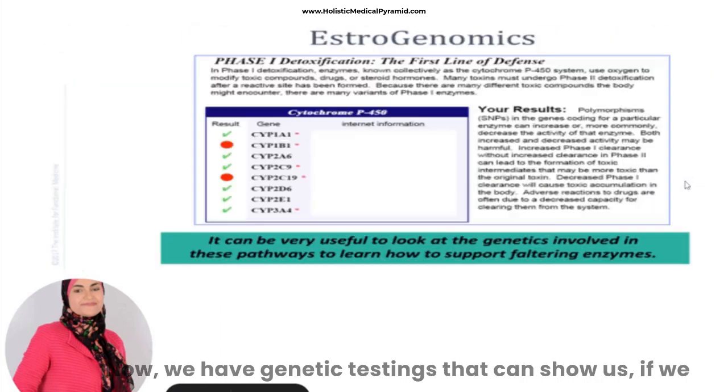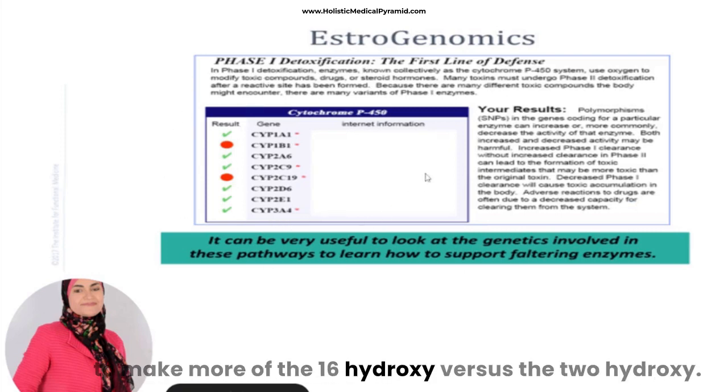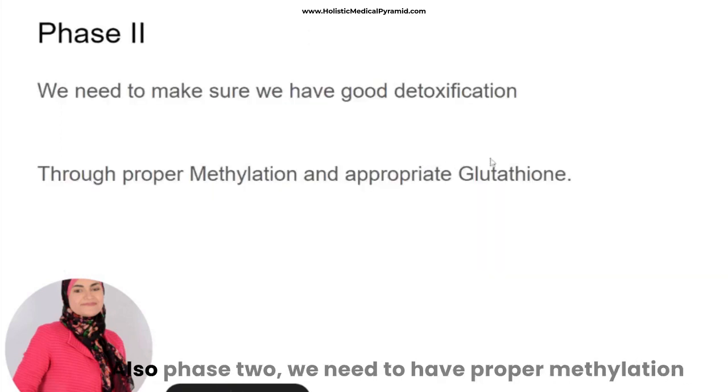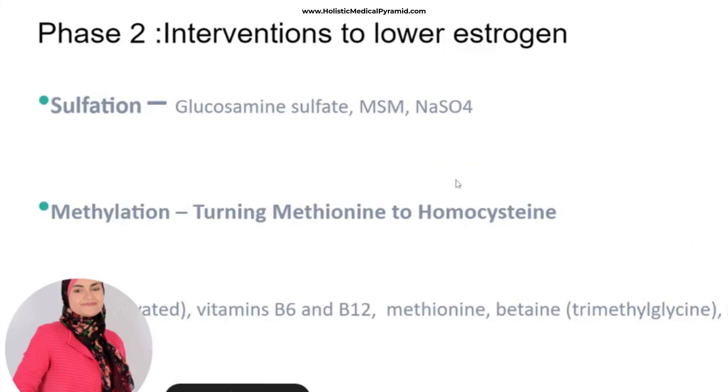Now, we have genetic testing that can show us if we have a genetic SNP in phase one that is causing us to make more of the 16-hydroxy versus the 2-hydroxy. Also, phase two, we need to have proper methylation and appropriate glutathione to have good phase two.